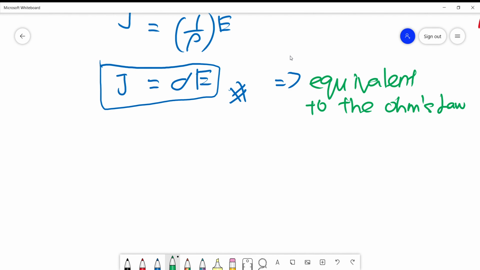From the basic formula of Ohm's law, V equals IR.